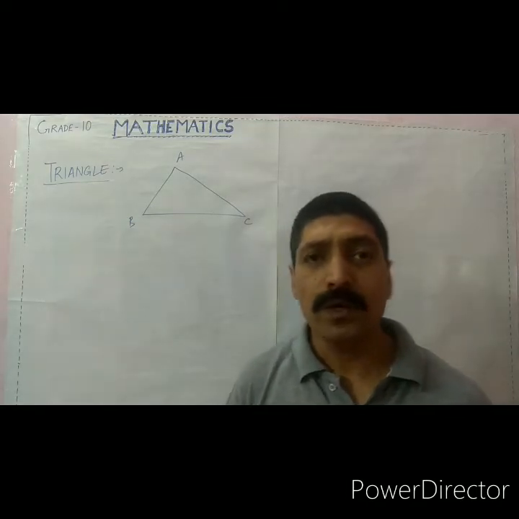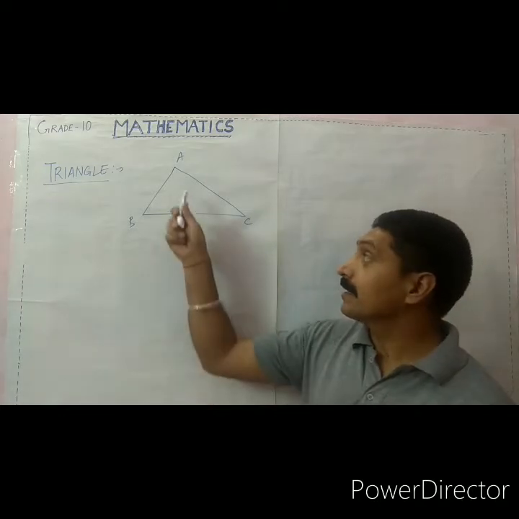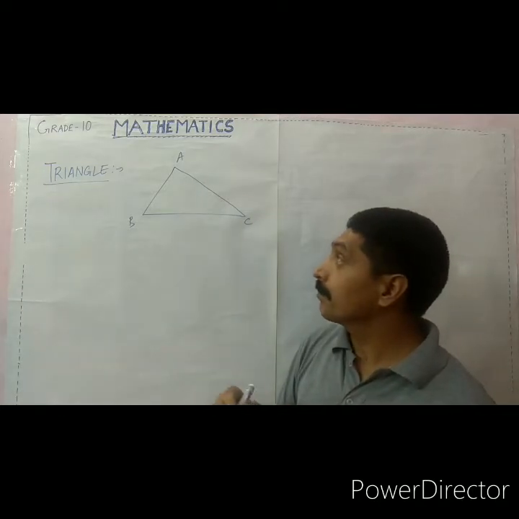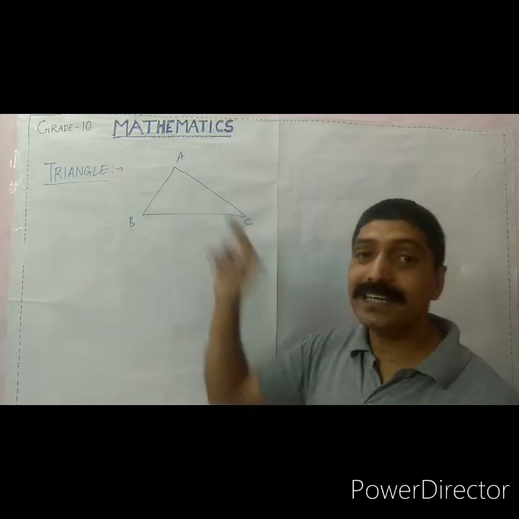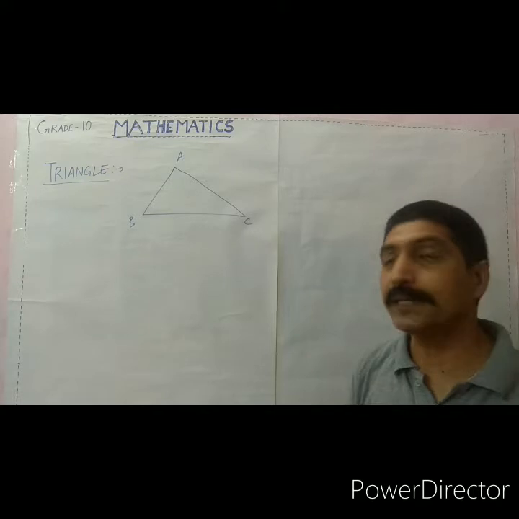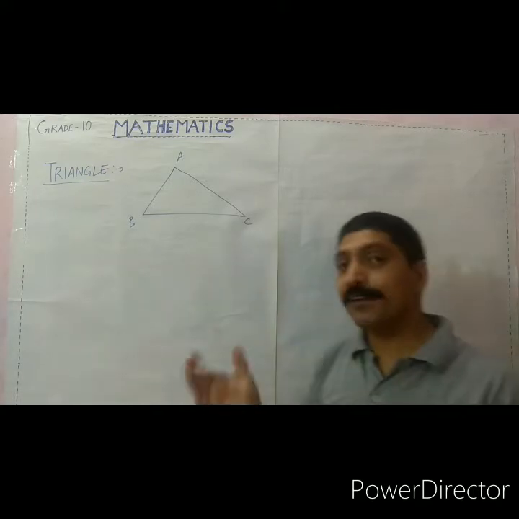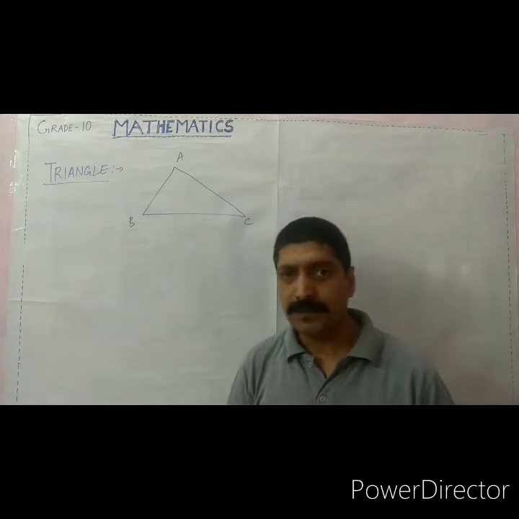So we know the various properties, like the angle sum property of a triangle says that the sum of its interior angles, all three interior angles, is always 180 degrees. Exterior angle sum. Now, types of triangles.